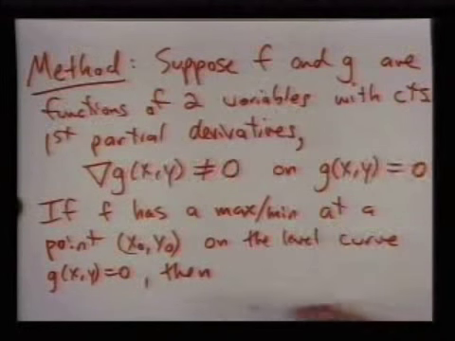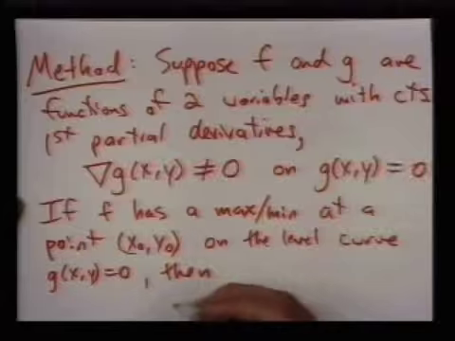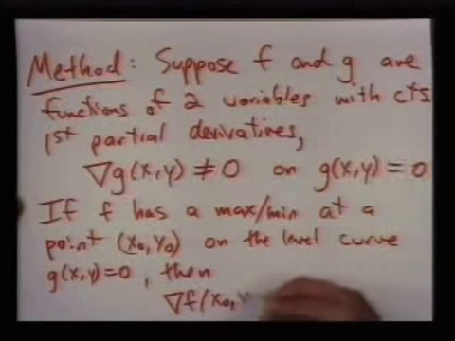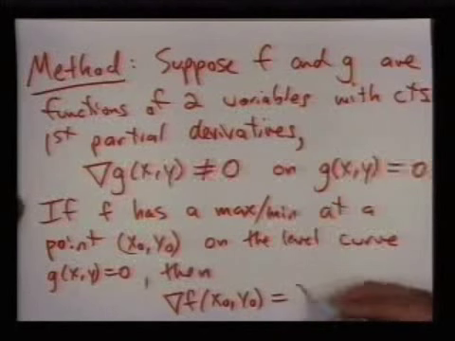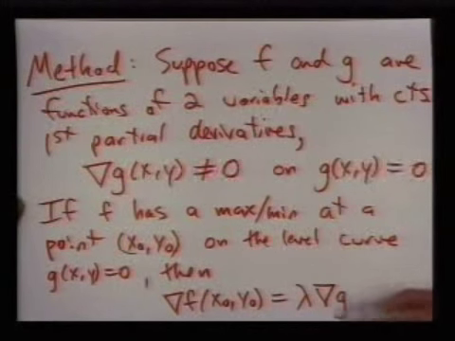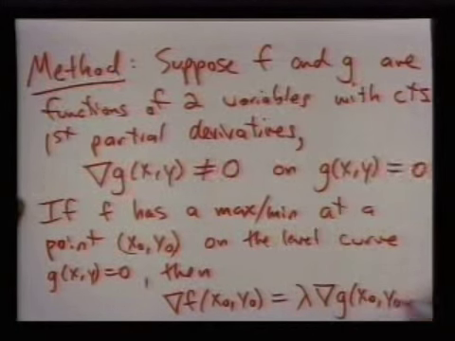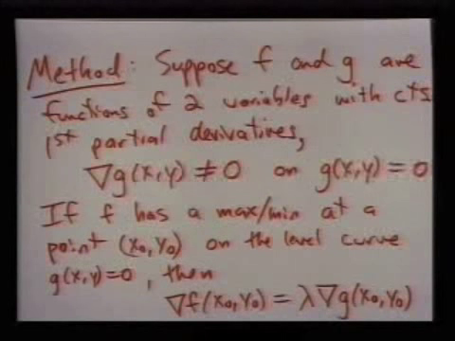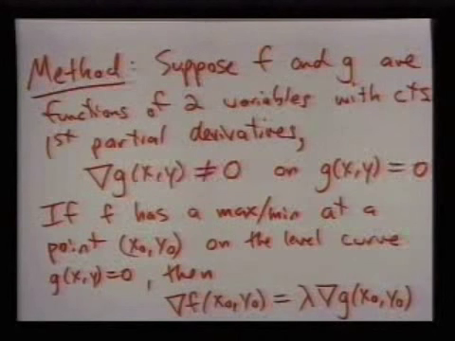So the way I write that is the gradient of f at this point is a multiple of the gradient of g at that point. So one reason that we required the gradient of g to be non-zero is sort of for this to make sense.